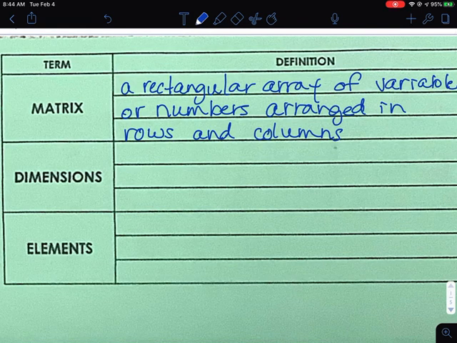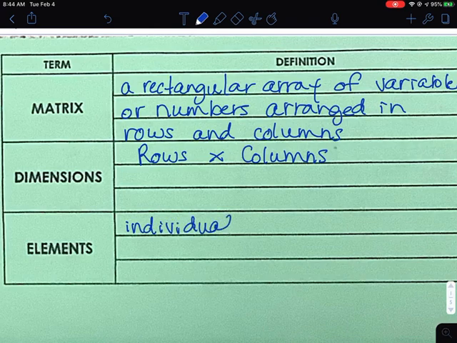All right, next we're going to talk about a dimension, and in a minute we'll go back and do all the examples, okay? So dimensions, you always write the dimensions as the number of rows by the number of columns. And then elements, these are individual values that are in the matrix.